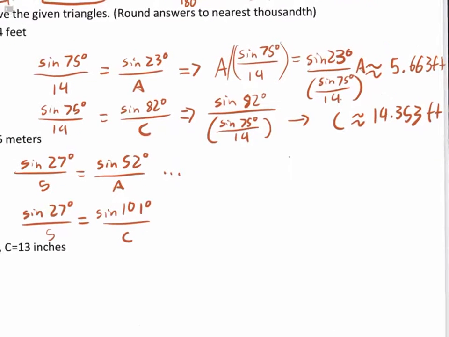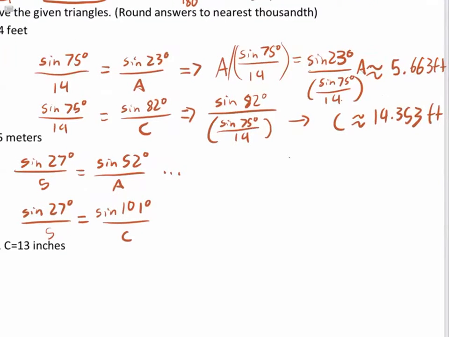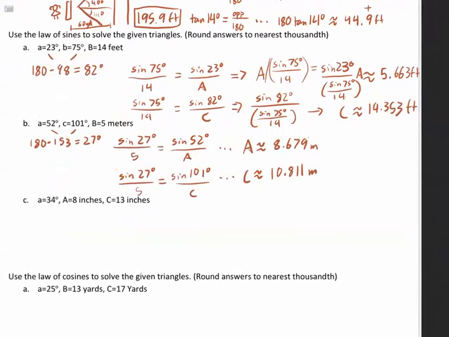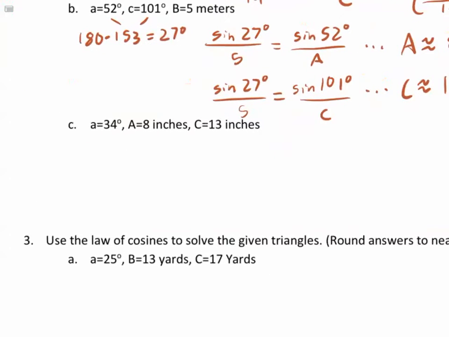So we end up with a being approximately 8.679 meters, and c being approximately 10.811 meters. Since these two examples are the same, I decided not to go fully into depth with this second problem, but this is where things can start getting a little bit tricky.